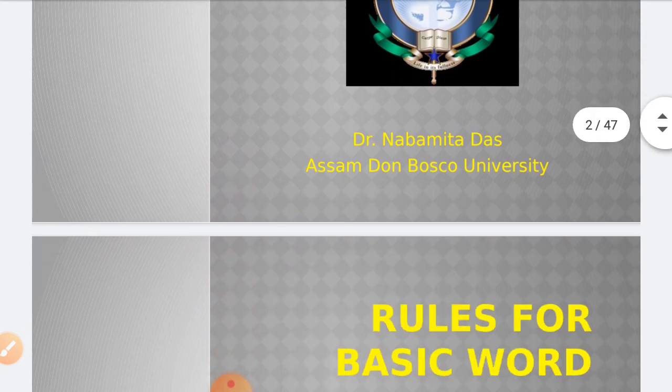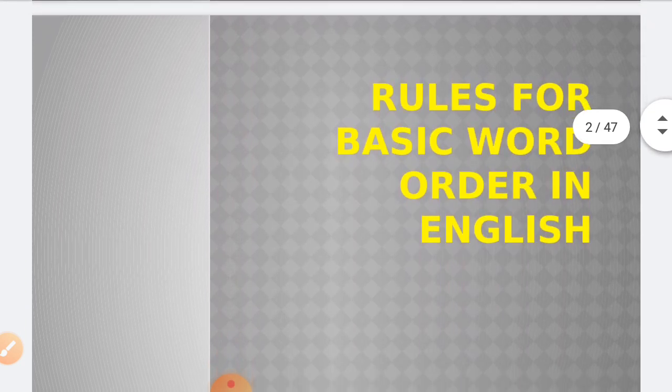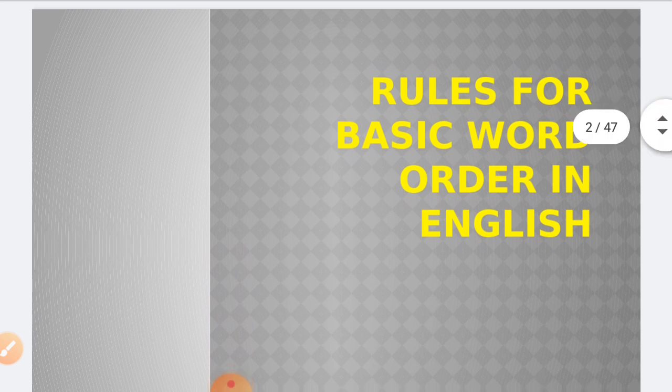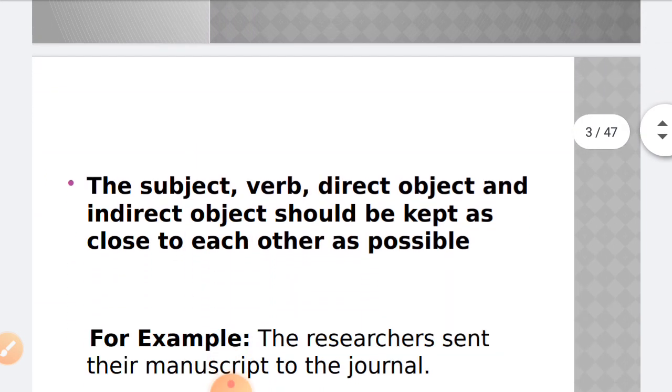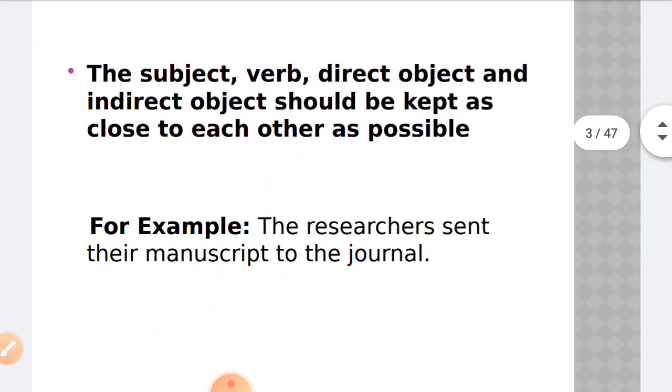So let us begin first of all with the rules for basic word order in English. The very first rule: the subject, verb, direct object and indirect object should be kept as close to each other as possible. For example, the researchers sent their manuscript to the journal.